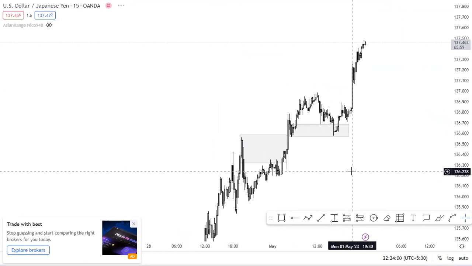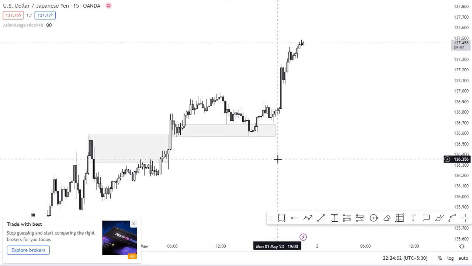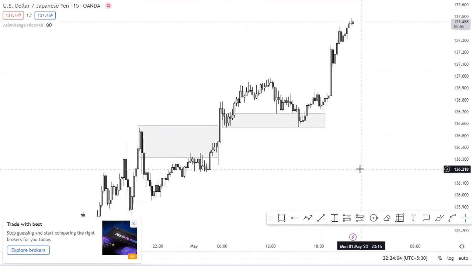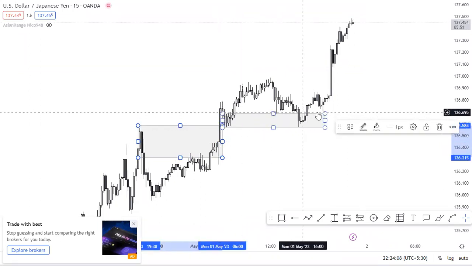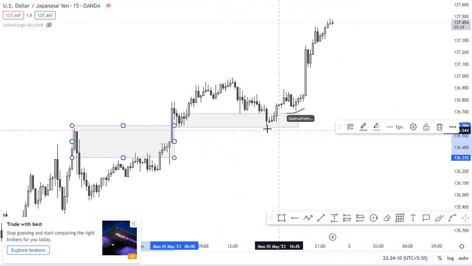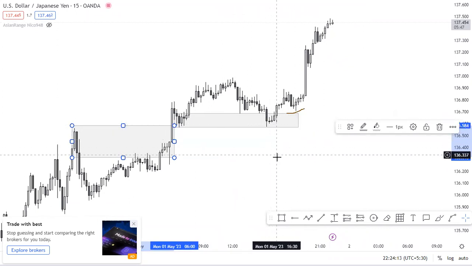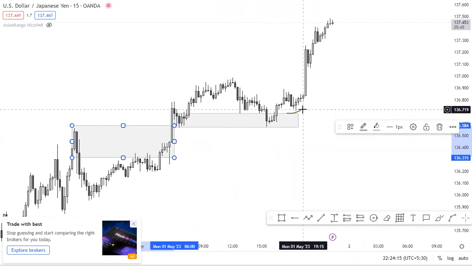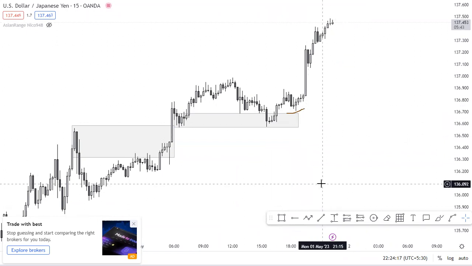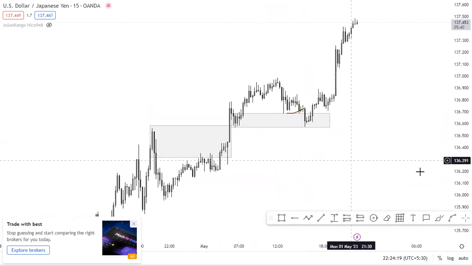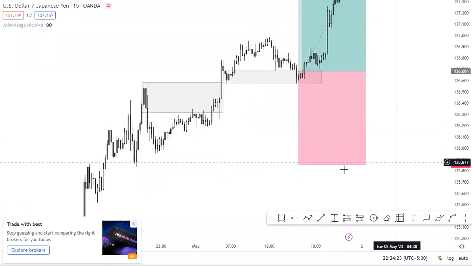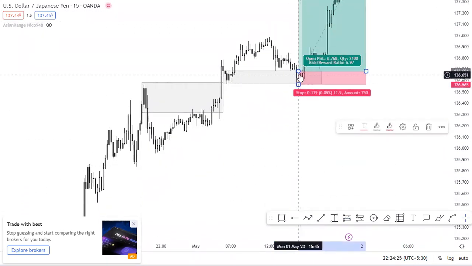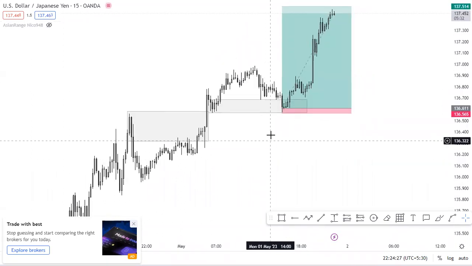Yes, bro. So where do we take the entry from? This area? I didn't take an entry here. That's why I didn't show. If I took an entry, I'll definitely show. I can tell you, bro, I was going to take this, or this, after this candle.